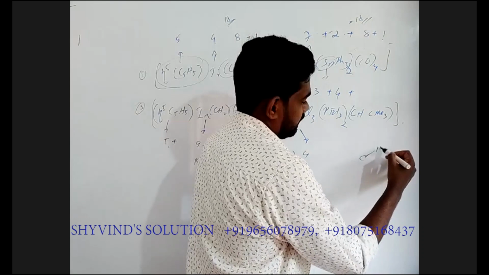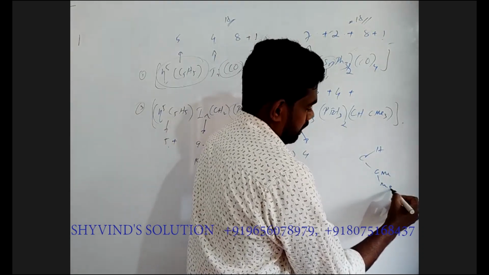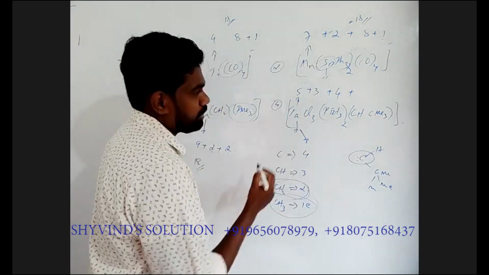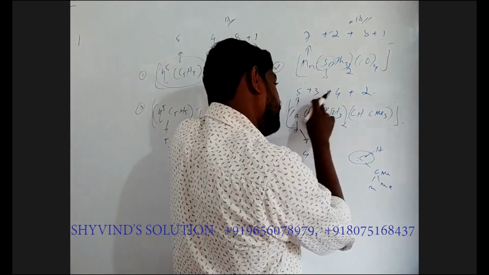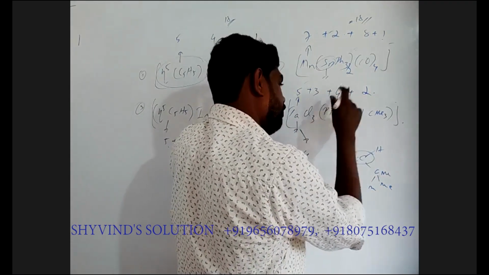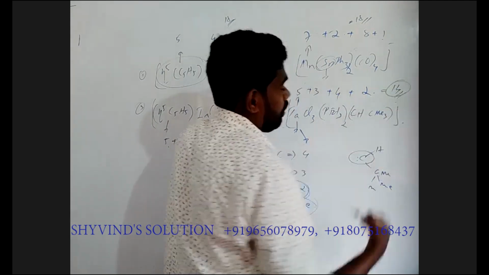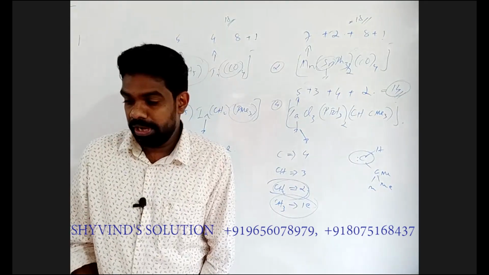This structure is CH, C, Me, Me, Me. Carbon having 2 valency is a 2 electron donor, plus 2. So 5 plus 3, 8 plus 4, 12 plus 2, 14 electrons. So this is not following the 18 electron rule. So the answer is option 4, option D.